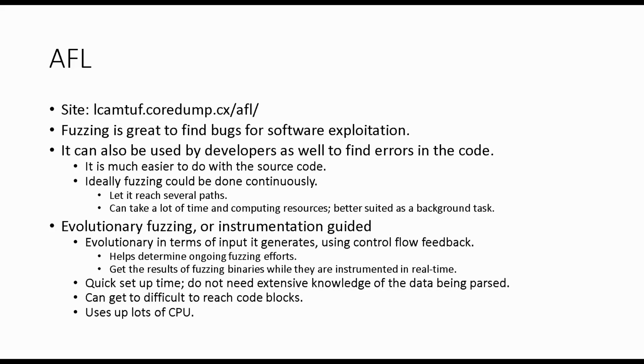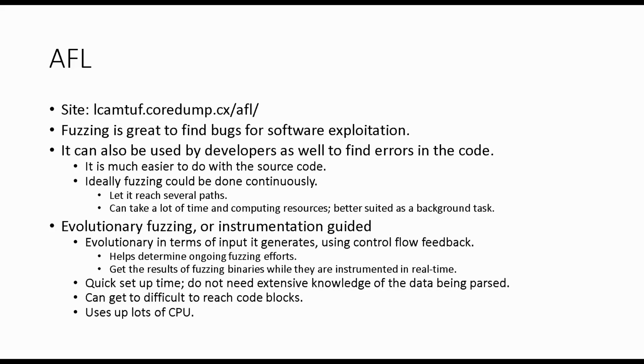Eventually it's going to discover and create JPEGs of its own. Some of them may be valid, some of them may not be. But if it allows it to discover new paths, then those are interesting and they could potentially be actual test cases, so that will go into our output.